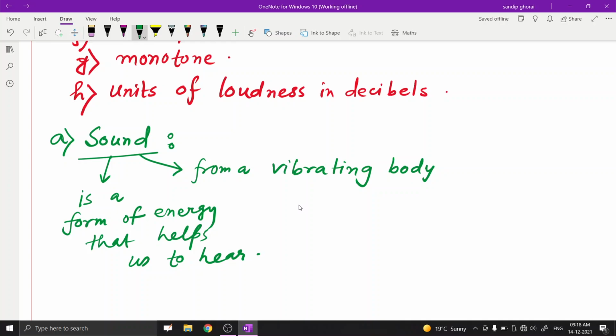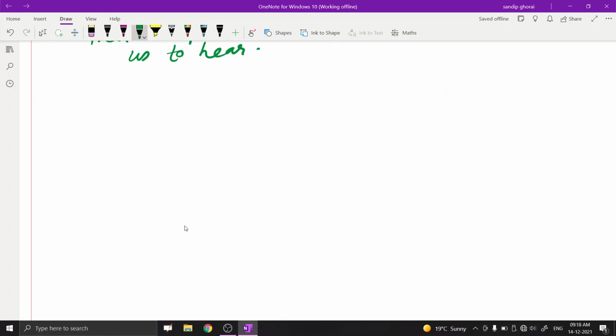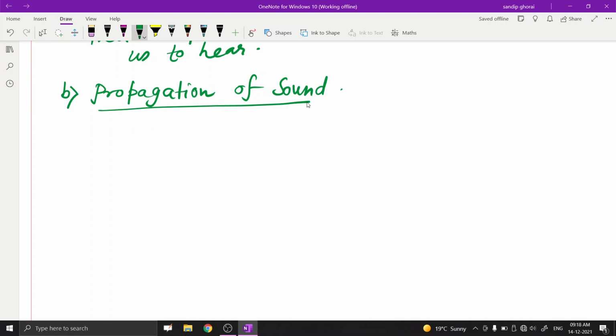Now the next point is propagation of sound. How is sound propagated? Generally sound is propagated in the form of a wave, and this type of wave cannot travel through vacuum.